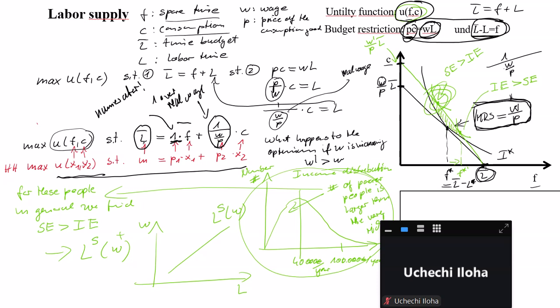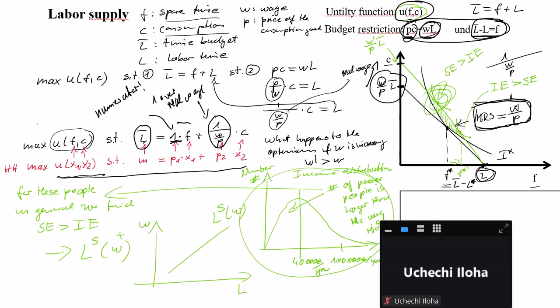Of course, the maximum I can consume is working the whole time, so real wage times L bar is the cut of the vertical axis. And then we ask ourselves what happens now if the wage is increasing. This moves up this vertical cut.